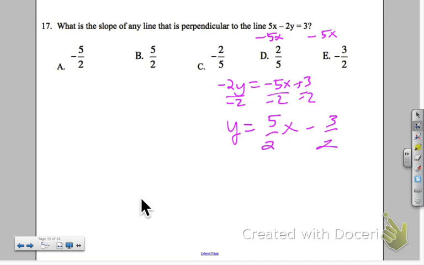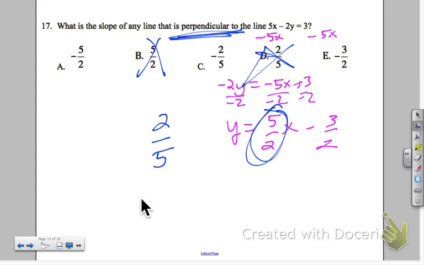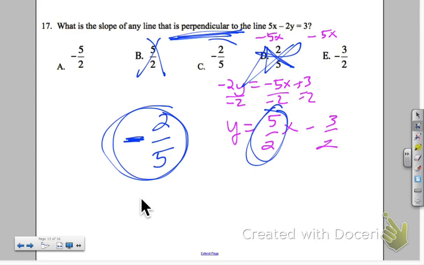So all I care about is the slope, which is this, and it said perpendicular, so you have to be careful, because this is your distractor answer, because that's the slope I just got. But we need to flip it, and there's another distractor answer, because when we make it perpendicular, you also have to change the sign, so it needs to be a negative 2 over 5. So here is your correct answer.